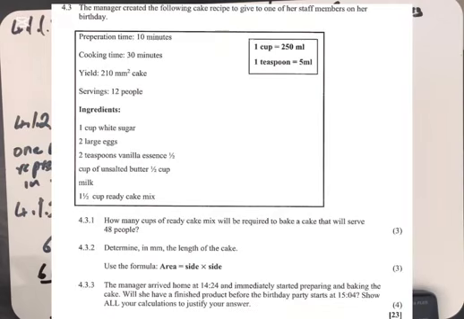Cooking time is 30 minutes. Yield is 210 millimeter squared cake. Every time we see squared units, we know that we are dealing with the area. It means that this is the area of a cake. You should not forget that. This recipe is for 12 people.